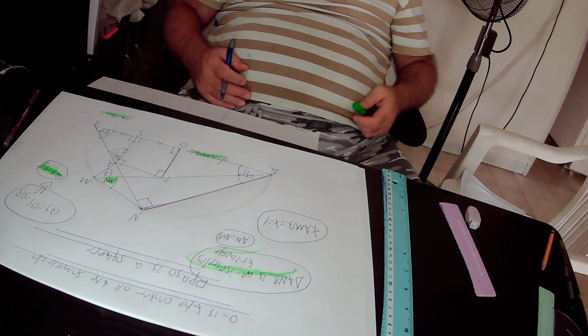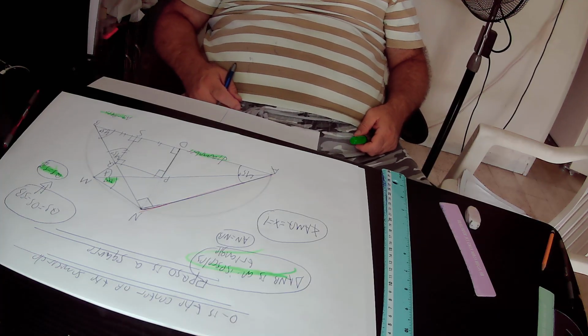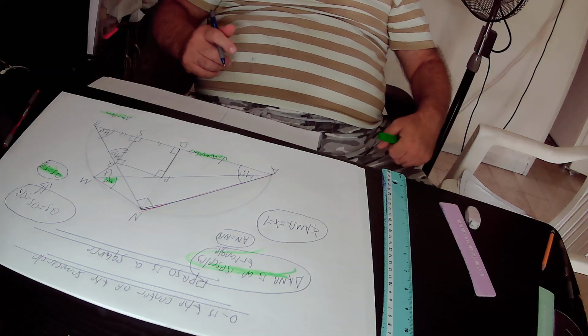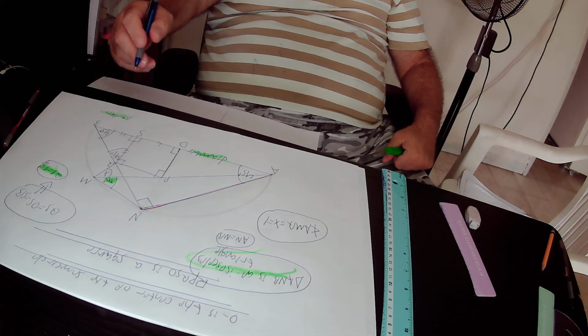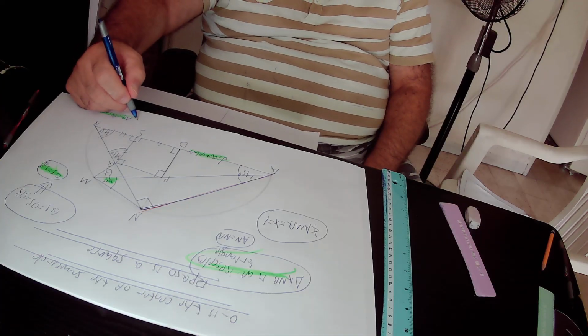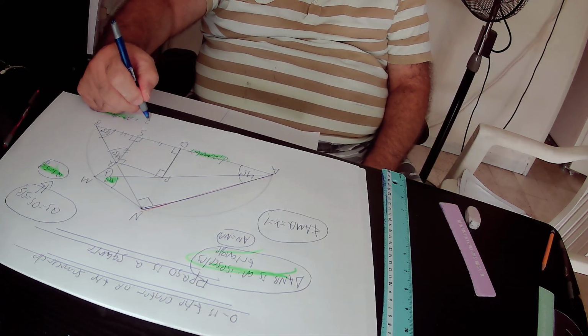AB is the diameter, so it must be twice as long as the radius. So if the radius of this semicircle equals R, the diameter must be equal to 2R. So AB is also the diameter of this semicircle, and therefore it is equal to 2R.